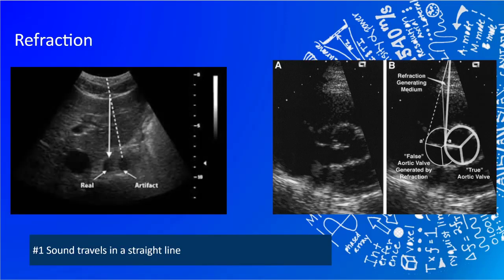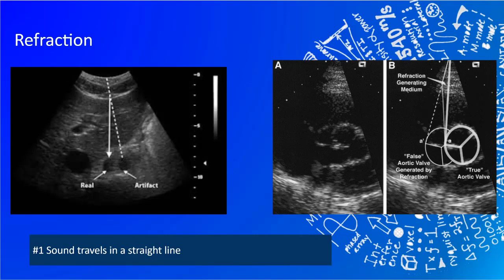Refraction describes how sound interacts with structures, therefore creating replicas of the anatomy. So with refraction, sound comes in from the transducer. It then interacts with a little bit of tissue that refracts the sound beam into another direction.